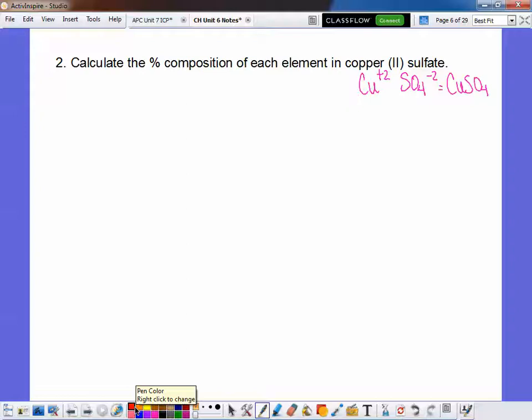So the total molar mass, what's copper's mass on the periodic table? 63.55. And then we have sulfur, which is 32.06. And we have 4 oxygens. Oxygen is 16.00. Add all those up.